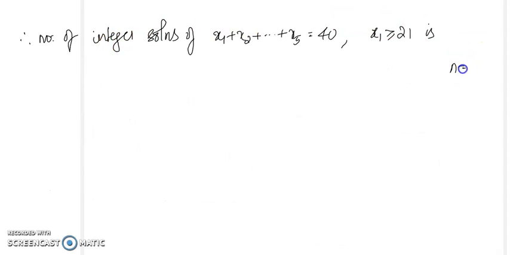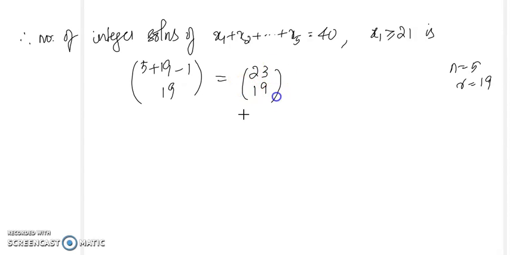So we have n equal to 5 and r equal to 19, so that is 5 plus 19 minus 1 C 19, so that will be 23 C 19.